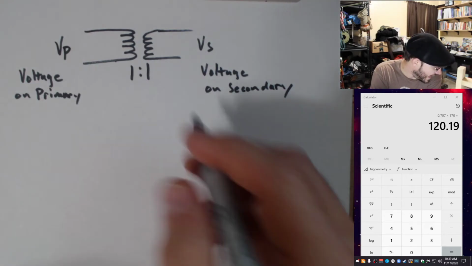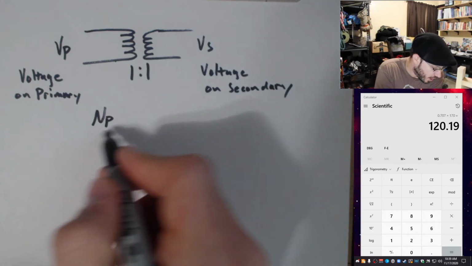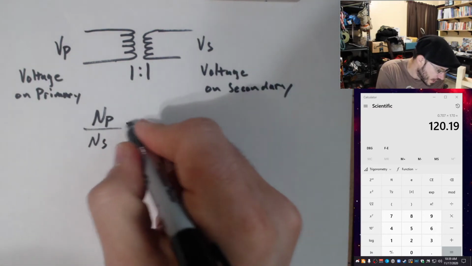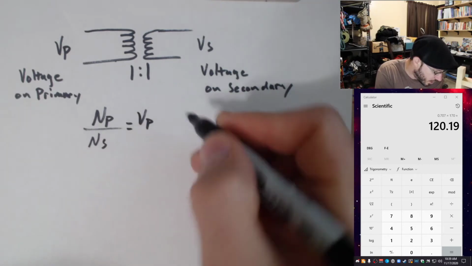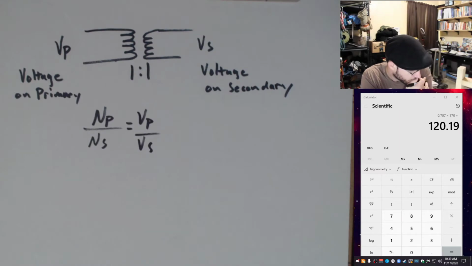Now, we can say the number of turns on the primary divided by the number of turns on the secondary is equal to the voltage on the primary divided by the voltage on the secondary.